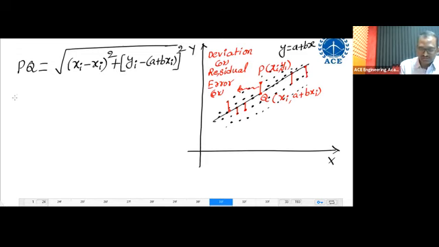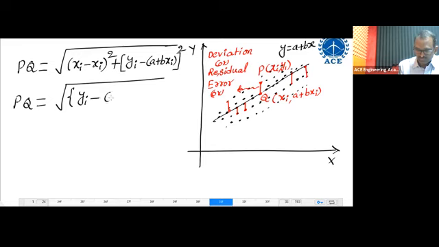So PQ is equal to the square root of yi minus of a plus bxi whole square. I want to eliminate the square root.